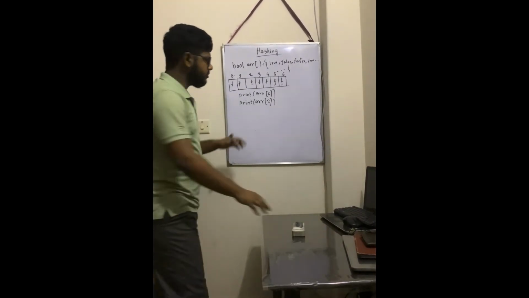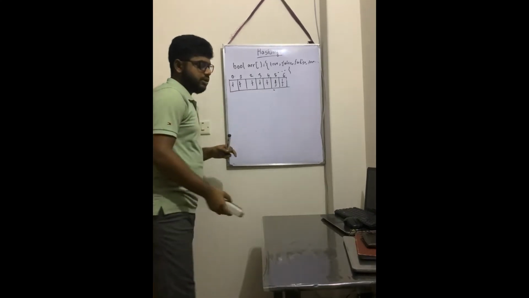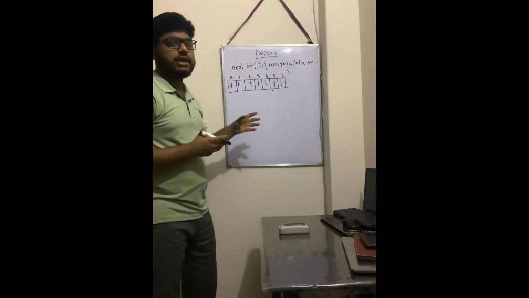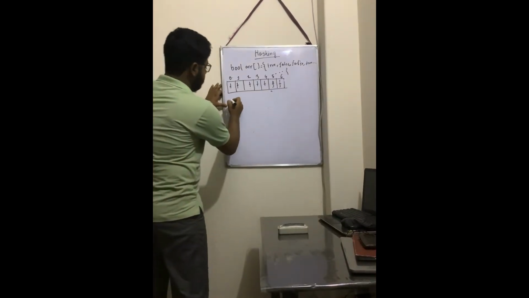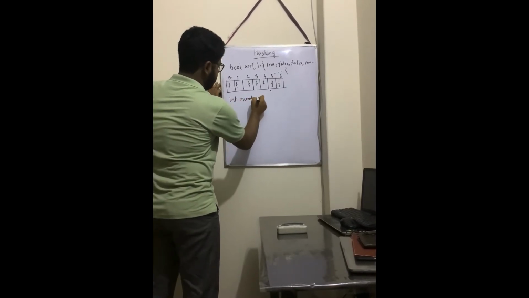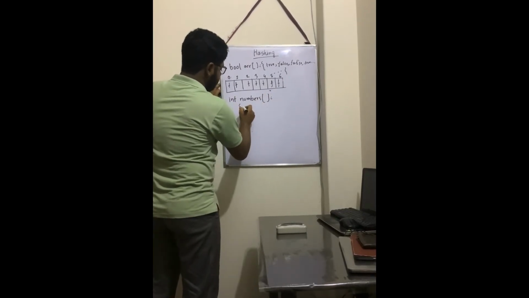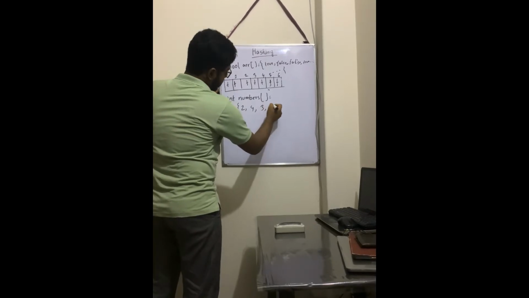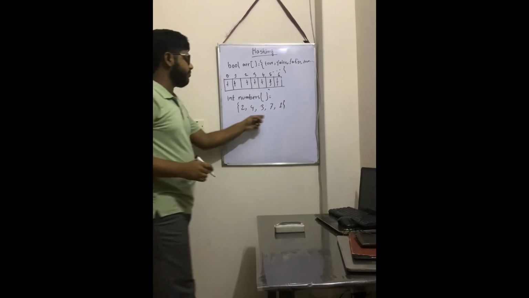In the hashing technique, hashing is a searching technique. So we can easily search whether any value exists in the array or not. Suppose we have an array of numbers, and in the numbers array there are 2, 4, 3 and 7 maybe and 1, right?